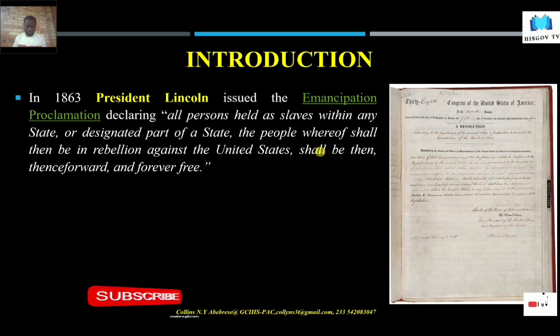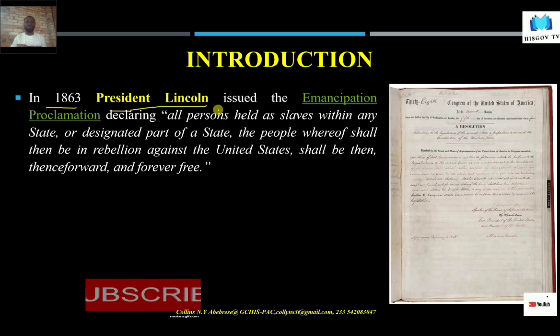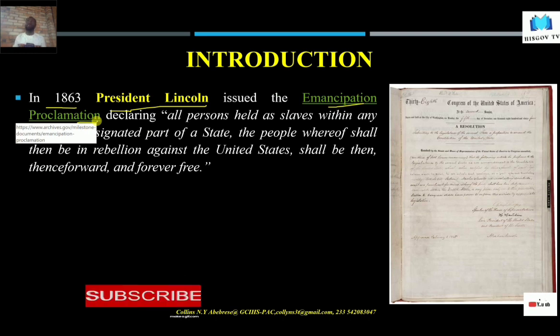We are all aware that in 1863, Abraham Lincoln, who was then the president of the United States, issued a very famous proclamation termed the Emancipation Proclamation. Abraham Lincoln is credited with ending slavery in the USA.